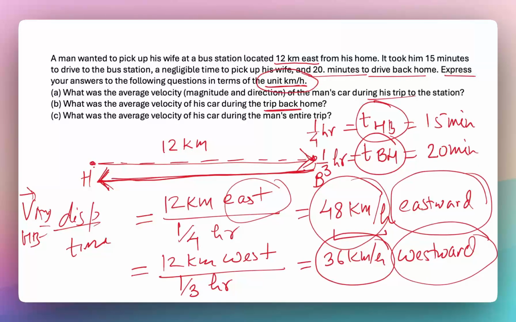Now final one, what was his average velocity of the car during the man's entire trip? Fine. So when he goes from home all the way to B and then comes back, how much is the displacement? The initial point and the final point is same, which means the displacement is 0, isn't it? So displacement here is 0, and the total time, whatever it is, 1 by 3 plus 1 by 4, we can simply say 1 by 4 plus 1 by 3 is also going to be 0.